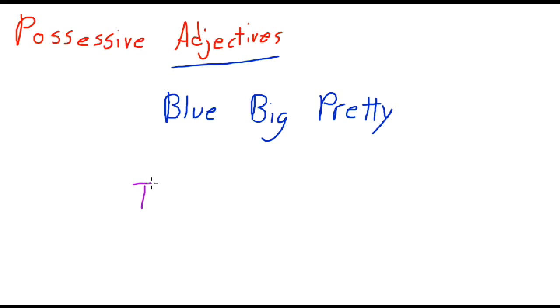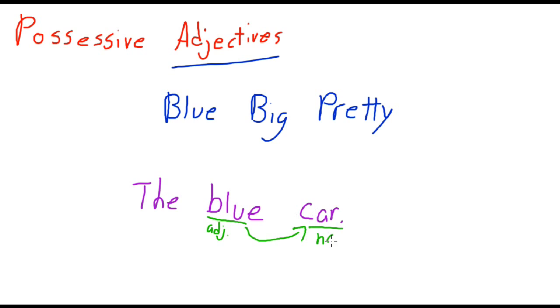So I can say the blue car. Blue is the adjective, and blue is describing the car. And the car is the noun. So adjectives describe the nouns.